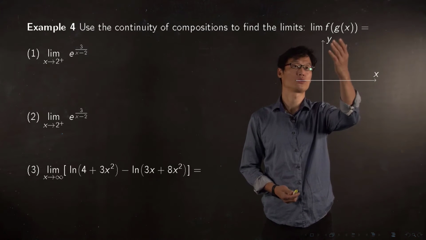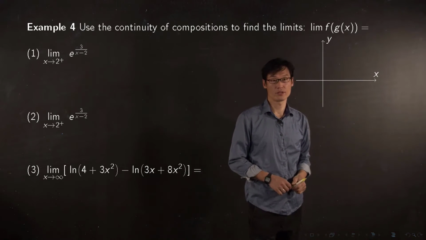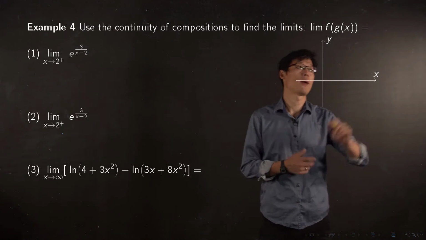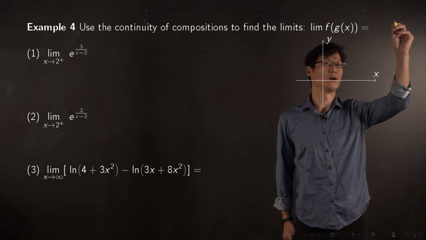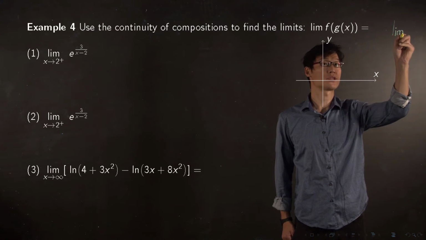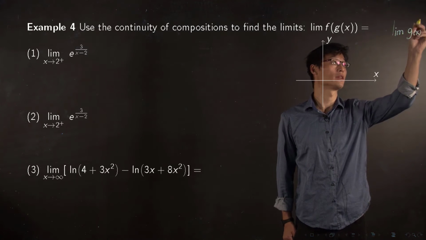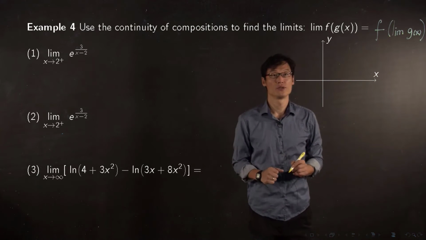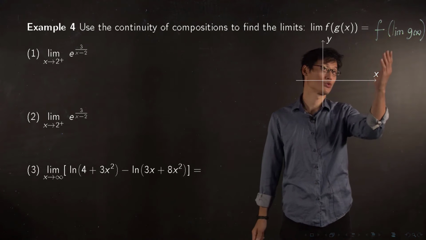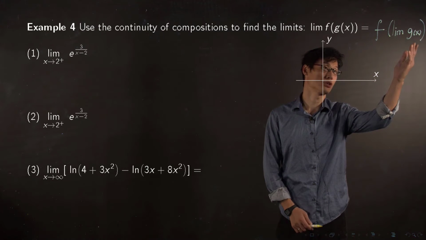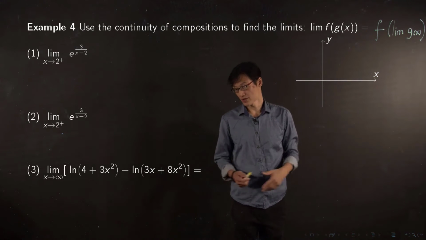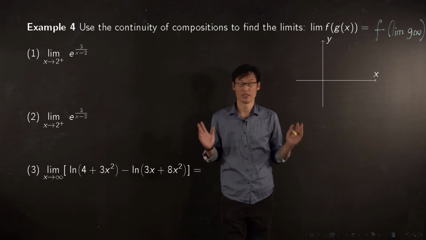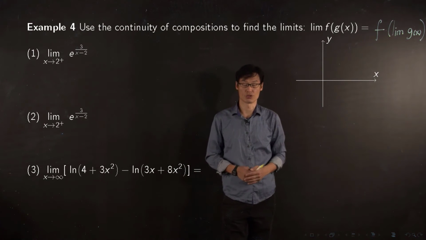When two functions are continuous, we can find the limit of this composition by taking the limit of the inside function and then applying the outer function f. When functions are continuous, we can use this property to find the limit of some complicated composition of functions.